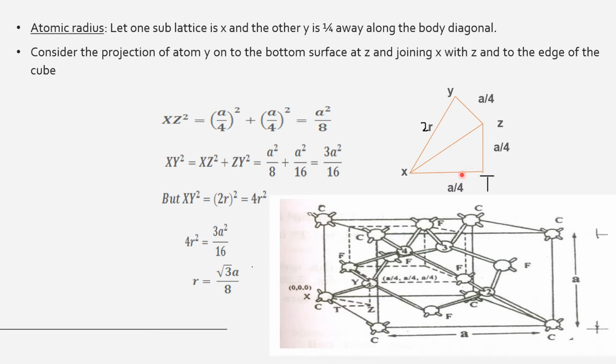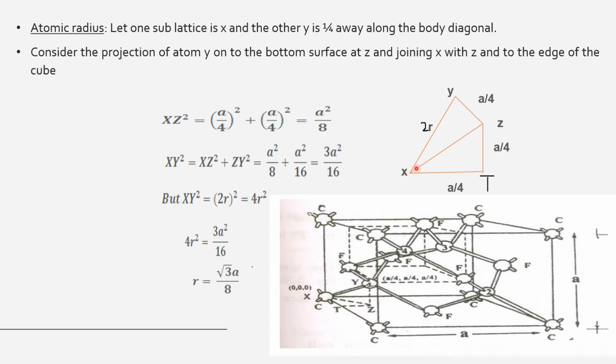These two sides are a/4. Here also, the height of atom Y from Z is a/4. And both the atoms X and Y are touching each other, so the nearest neighboring distance is 2r.